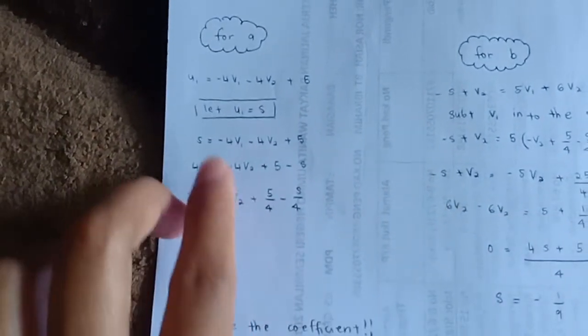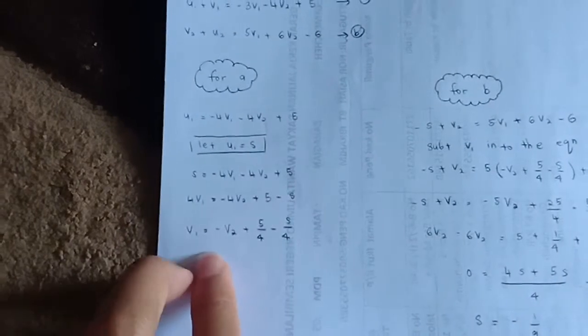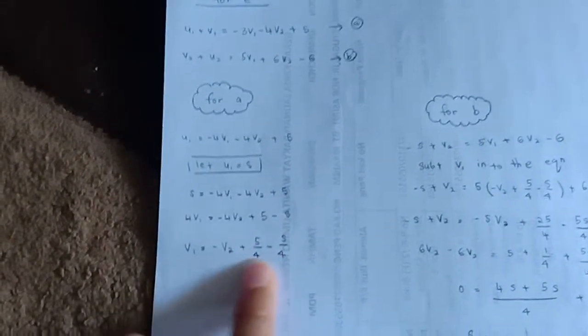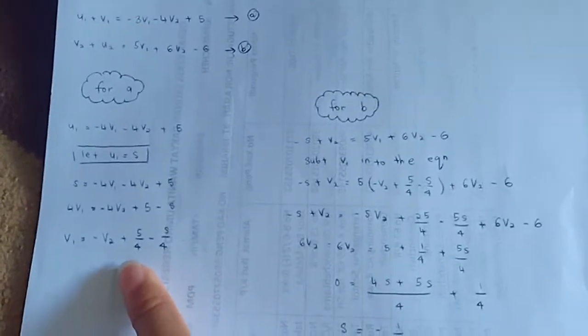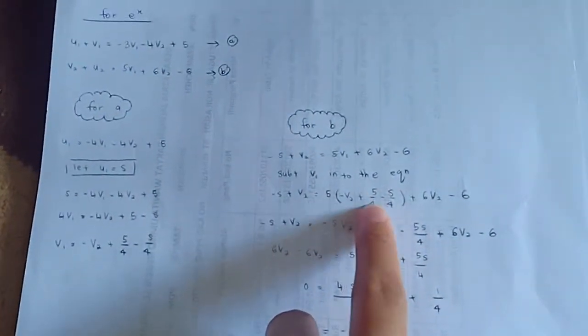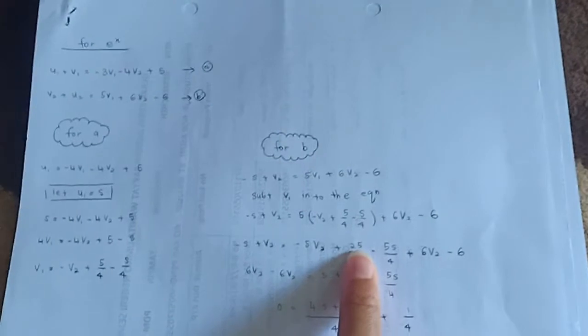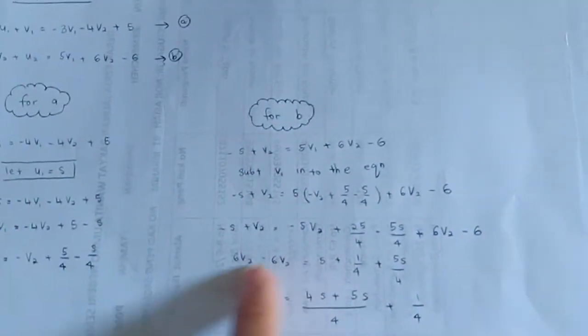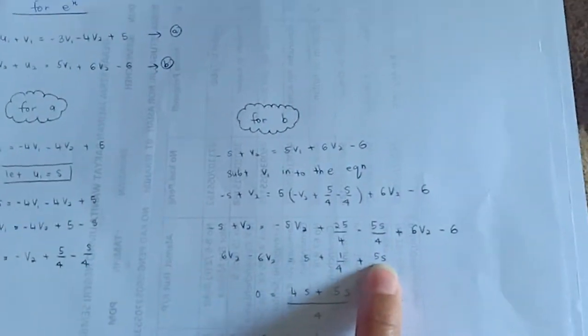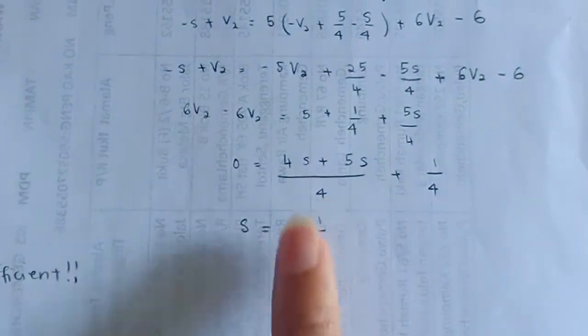Okay, and from this equation we can get the v1. Okay, we proceed to b. I just substitute the v1 that we get from a into b, and with this simultaneous equation, we will cancel out the v2 and just leave the unknown s here, and I get s equal to negative 1 over 9.